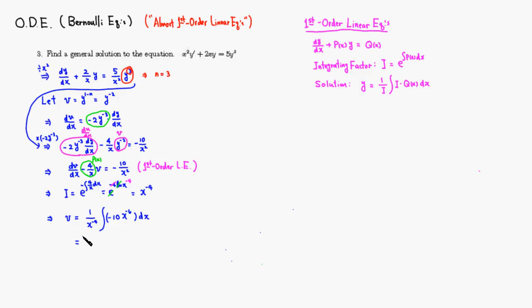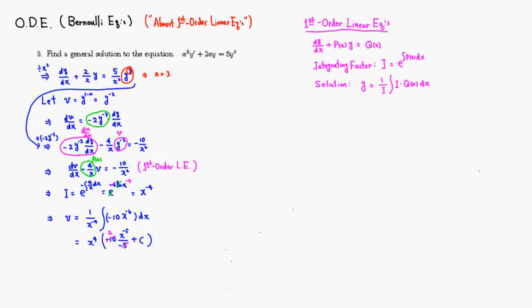Then we get, it's a reciprocal and reciprocal, so this is actually equivalent to x to the 4th power. Then the antiderivative of this guy, so negative 10 is just a number. Add 1 to the power, so it's negative 5, and divide by negative 5. Then you would have plus some constant c. So we can cancel negative 5 and negative 10, so there's going to be 2 left over.